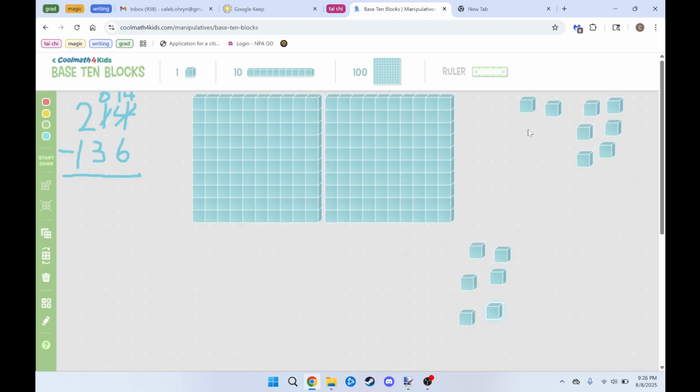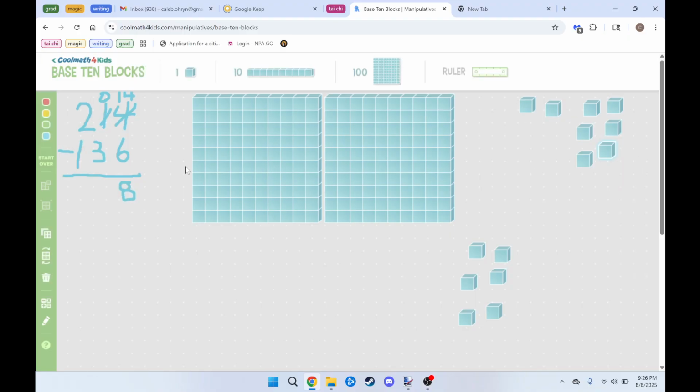And we can count up our remaining ones we have up here to know what answer to write over here. 1, 2, 3, 4, 5, 6, 7, 8. There we have it. 8.